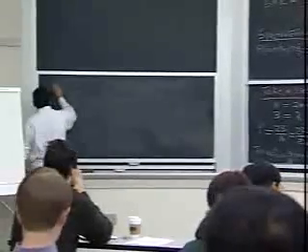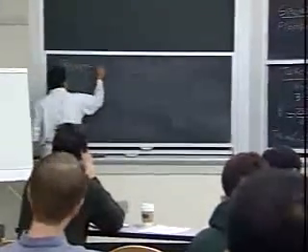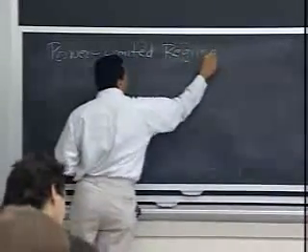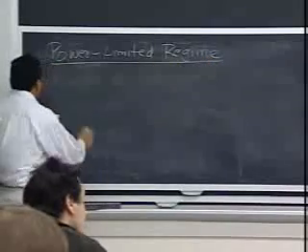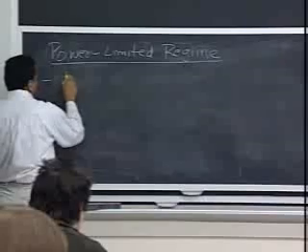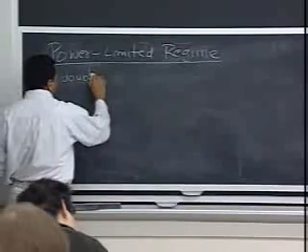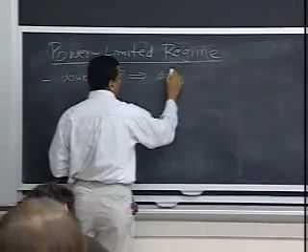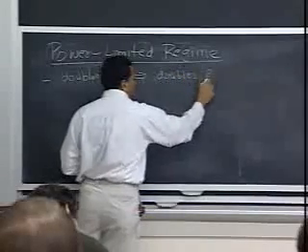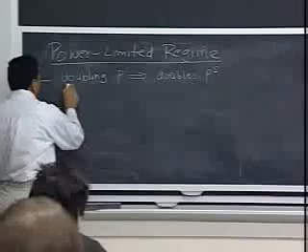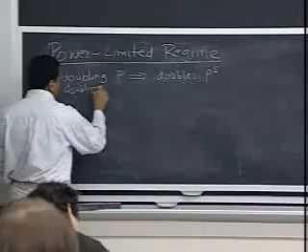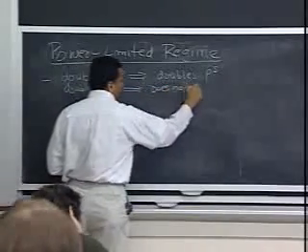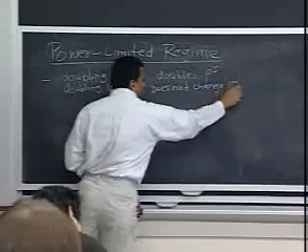So we'll start with the power limited regime. Now we already saw that doubling the power doubles rho s, and doubling bandwidth does not change C. Okay.